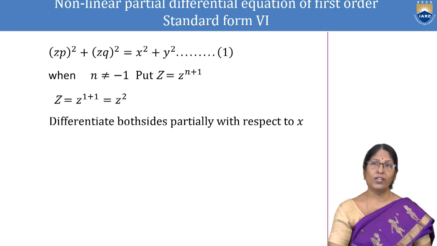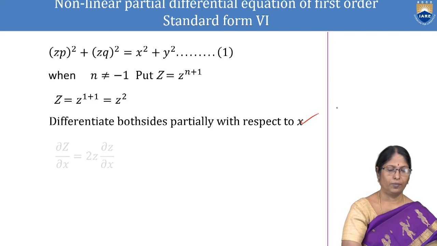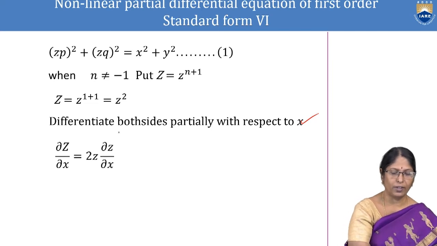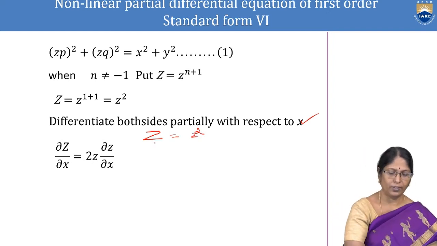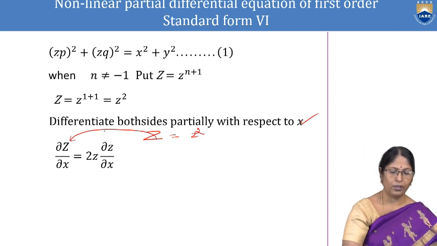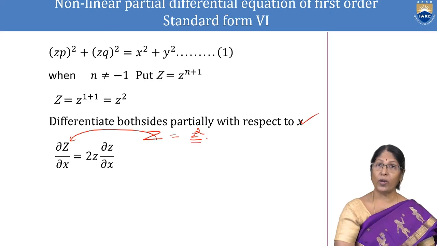Differentiate both sides partially with respect to x. So we got capital Z equal to small z square. This side, it's nothing but dou capital Z by dou x. Here z square is there.